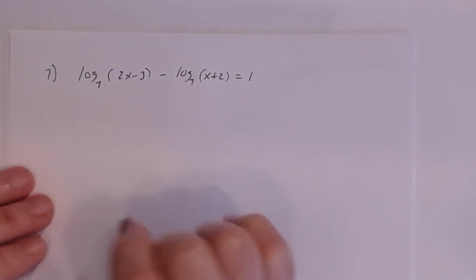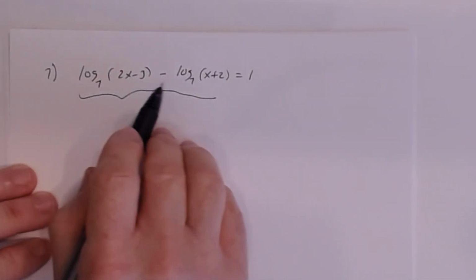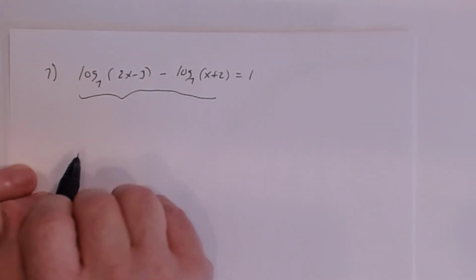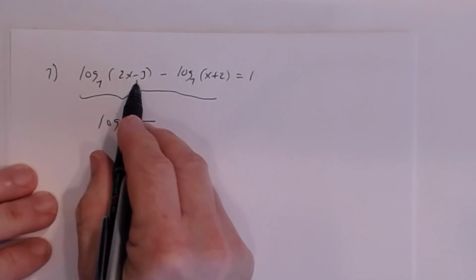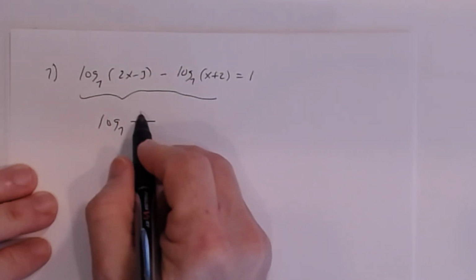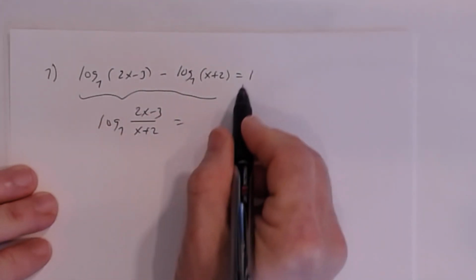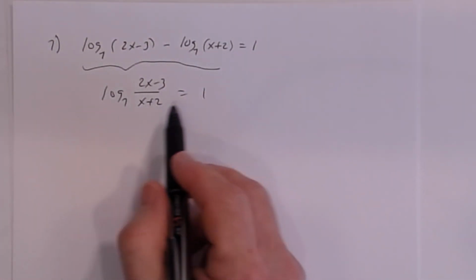In order to change it to an exponential, I have to have a single logarithm. Well, since the base is the same and this is subtraction, I can use the quotient rule. So I'm going to get log base 7 of the numerator over the denominator, so it'll be 2x minus 3 divided by x plus 2, and all that's equal to 1.